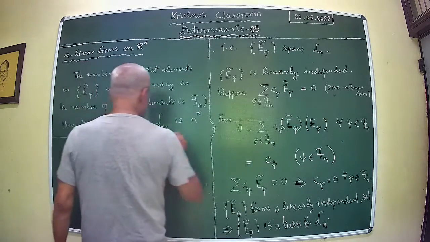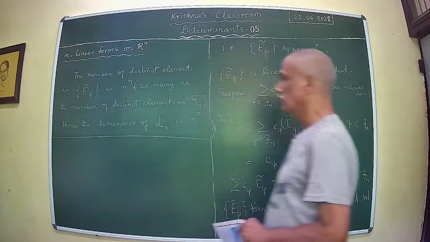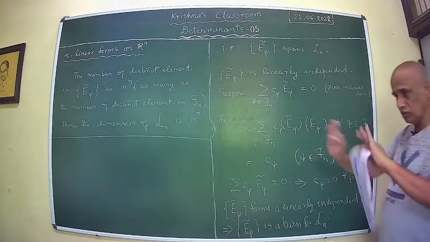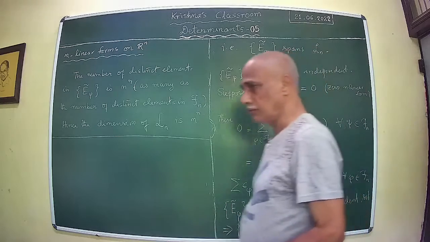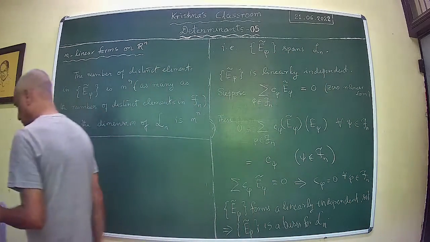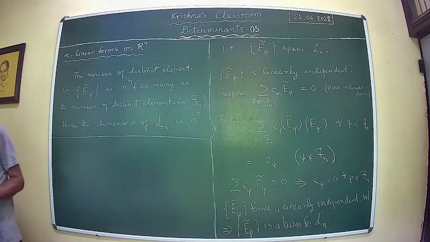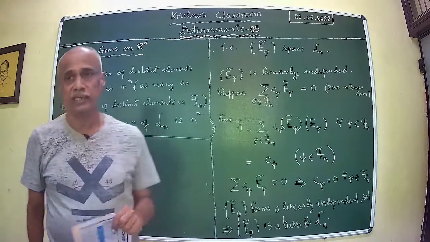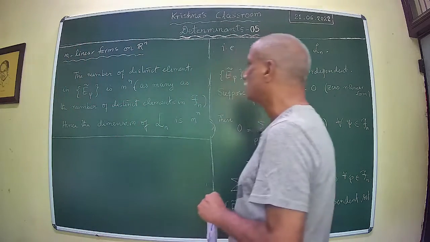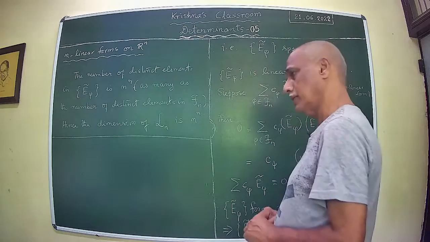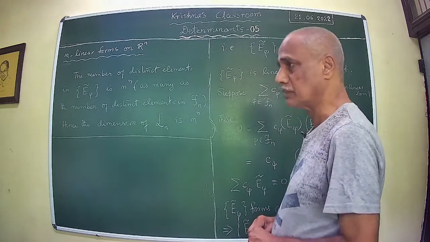So that completes the proof of that. So in fact we have now got an idea of the structure of the space of all n-linear forms on Rn. Okay, that is the linear space structure of that.